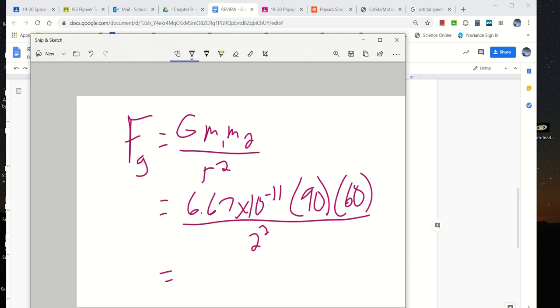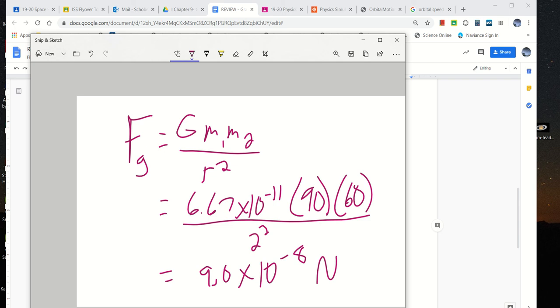And you do all that, you should wind up with a very low number, 9.0 times 10 to the -8th newtons. So that's just two people standing a couple meters apart. A calculable force, but an incredibly small one. Obviously, a negligible force between the two.